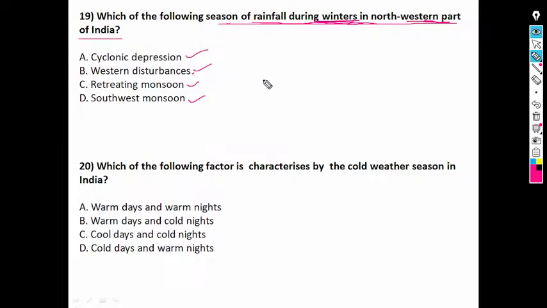Okay, northwestern part of India, rainfall.